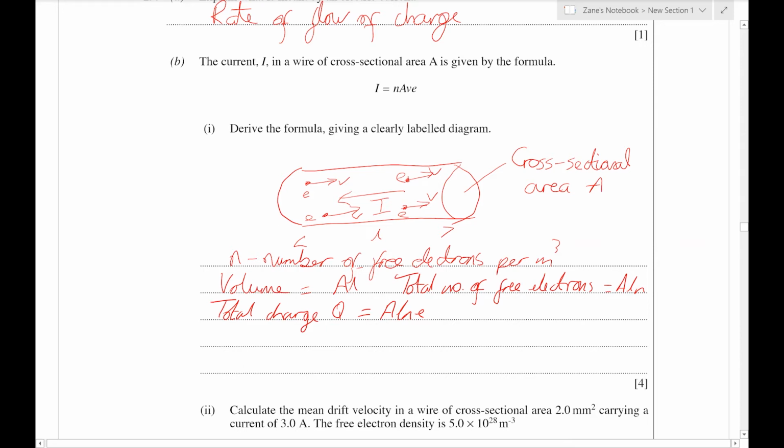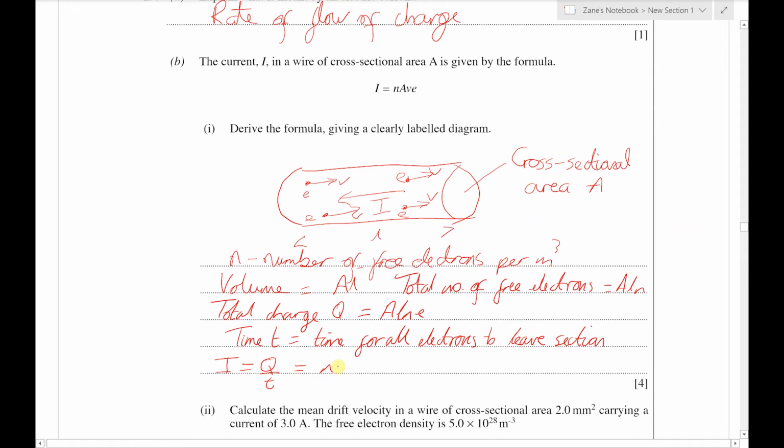Now in a time t, every electron in this particular sample of wire will have drifted from one end to the other. So let's make that clear. Time t is the time for all the electrons to leave the section. So now we can write an expression for the current, the rate of flow of charge.